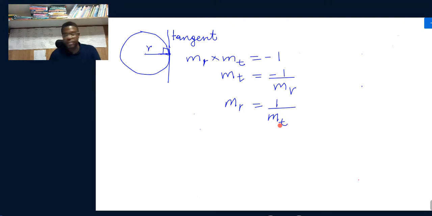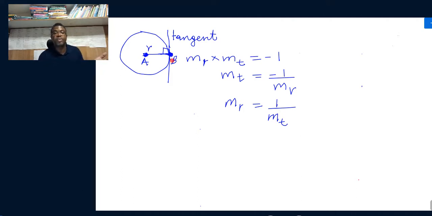I'm no longer going to explain gradients. And you can also find, because here you have a point and a point. So you are going to have point A and point B. You can calculate the gradient and you can do whatever you want to do.